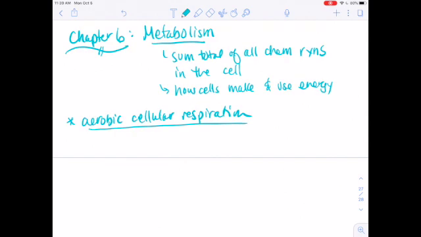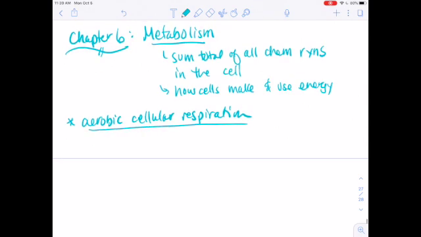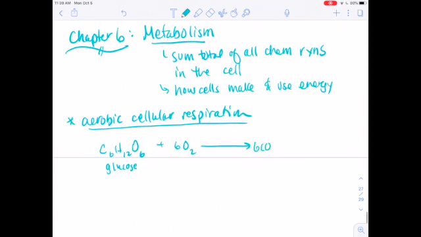The overall chemical equation, it doesn't happen all at once, but the overall chemical reaction for aerobic cellular respiration is C6H12O6, and this is glucose, combines eventually with 6 oxygen molecules to make 6 CO2 and 6 water molecules, and oh yeah, plus ATP.